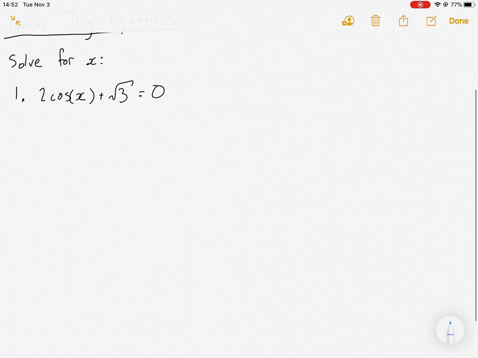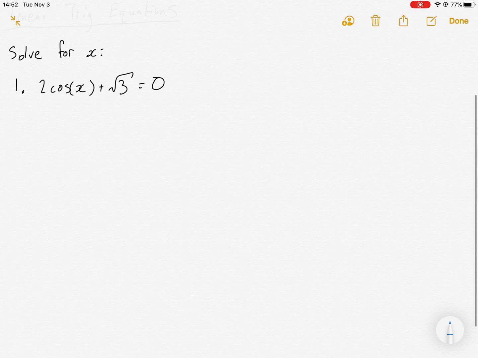All right, so keep in mind we're trying to solve for x. So this is really going to work out similarly to what you know about solving equations. We'll subtract the square root of 3 from both sides. We'll divide by the 2.